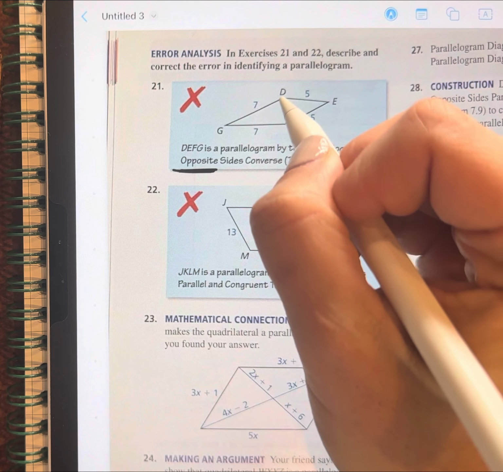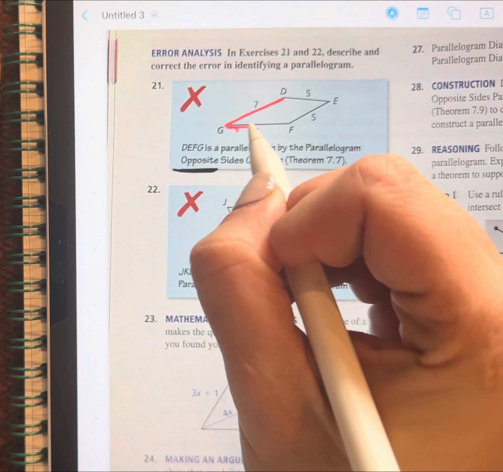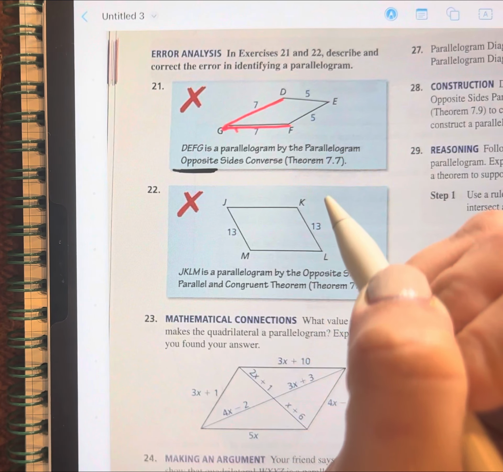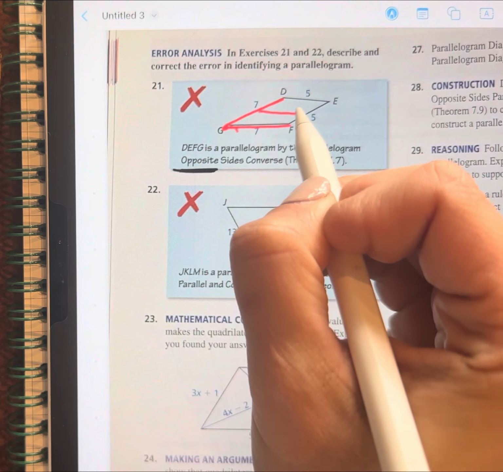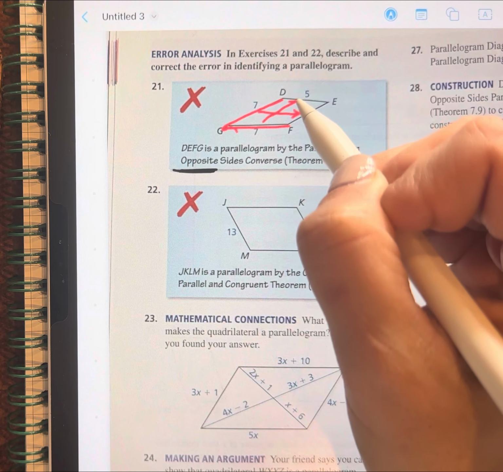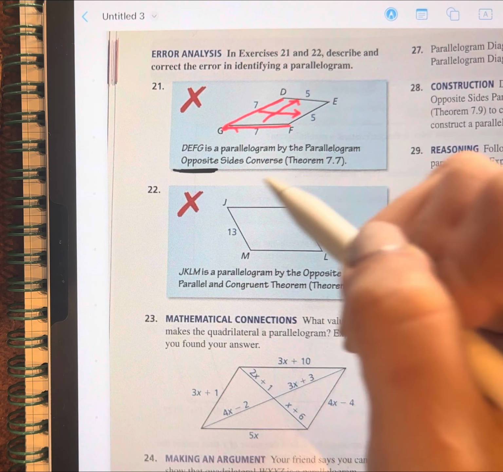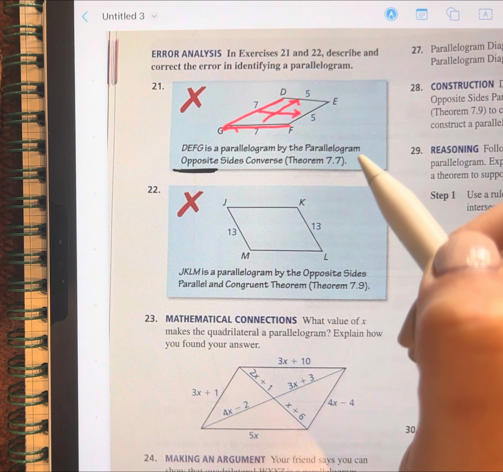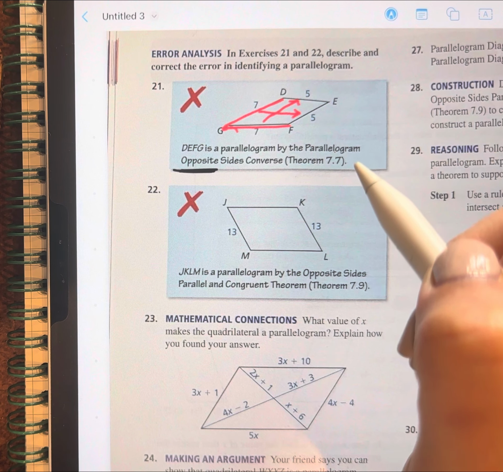But this 7 and this 7, they do meet. 7 is actually opposite that side. And this 7 is actually opposite that side. And we do not have opposite sides matching, okay?